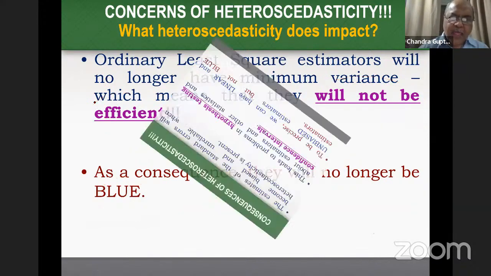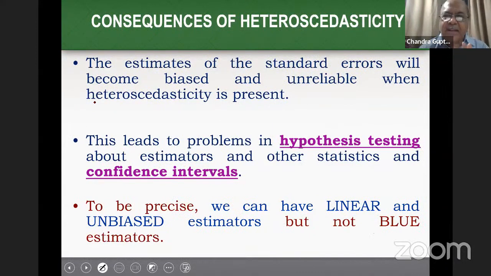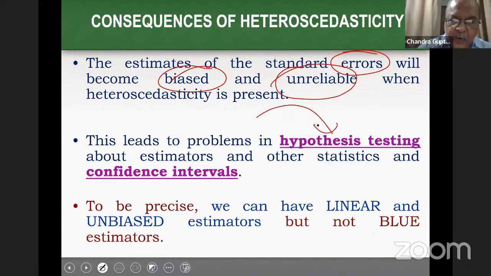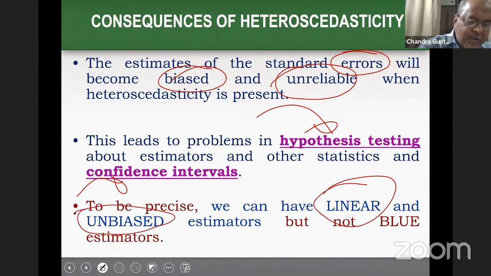The estimates of the standard errors will become biased and unreliable when heteroskedasticity is present, and then any hypothesis testing or confidence interval you do will give you erroneous results. To be precise, we can have linear estimates, unbiased estimates, but not efficient, hence not BLUE.